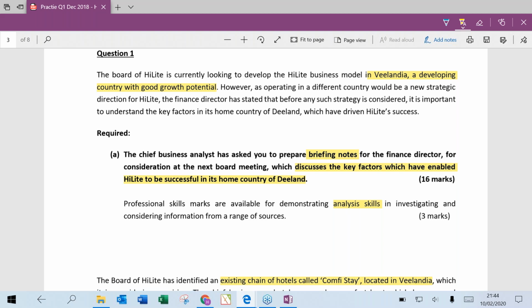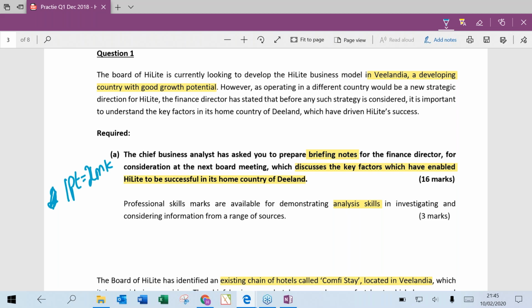16 marks and 3 marks for professional skills, so it's 19 marks. So first of all, we need to decide how many points we need to write. Generally, for 1 point, I take 2 marks. Generally, there are some exceptions.